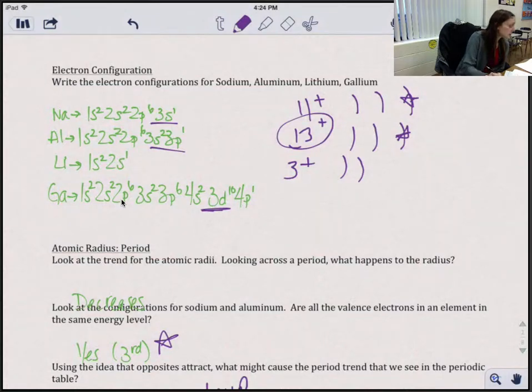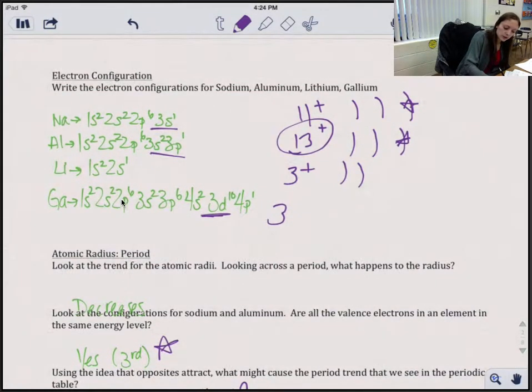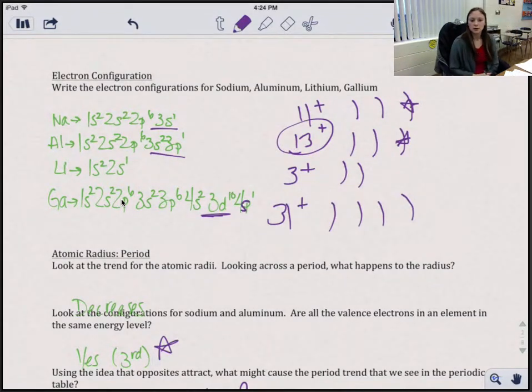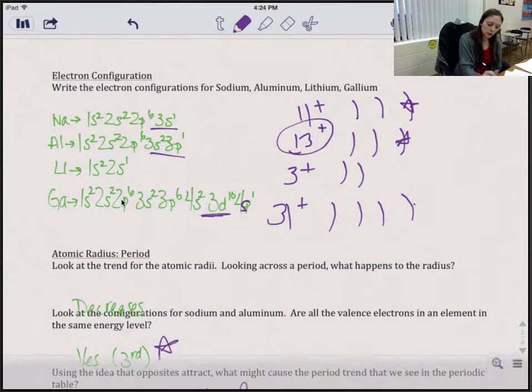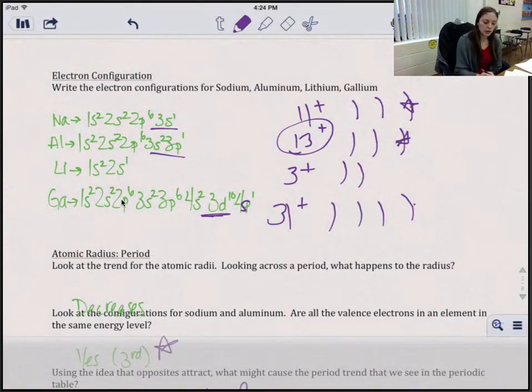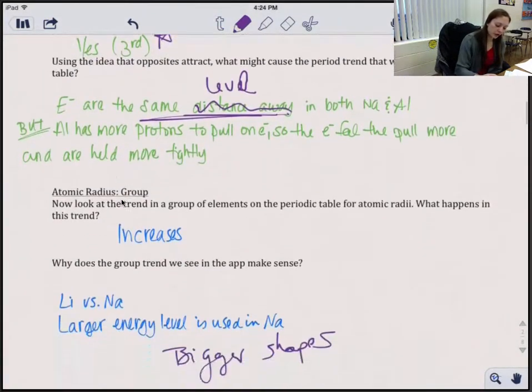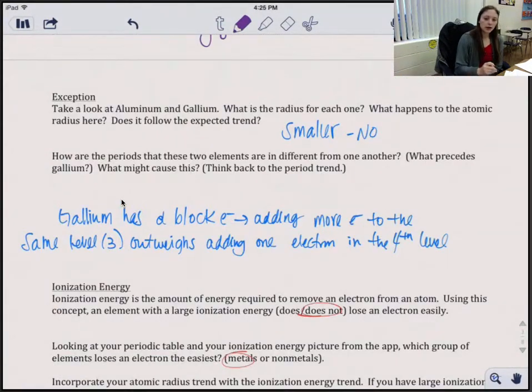So gallium has its 31 positives, and it actually has 4 levels because it ends in a 4s. So it has 1 little electron out there, but it shoved 10 more in that 3rd level. Since it shoved 10 more in that 3rd level, it outweighs the fact that you're adding 1 level out.